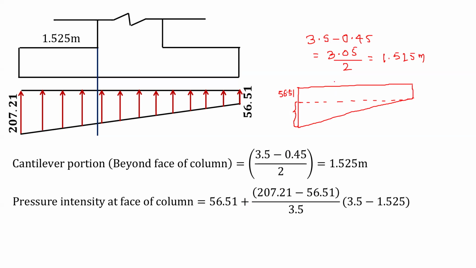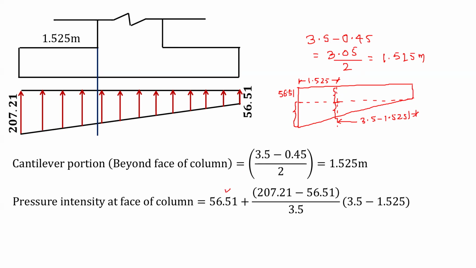Now where we require this value? So we have distance from this side is 1.525. Total is 3.5. So for considering triangle, I have considered 3.5 minus 1.525. And from this, we will get this ordinate. And then we will add this ordinate 56.21, which I mentioned over here.